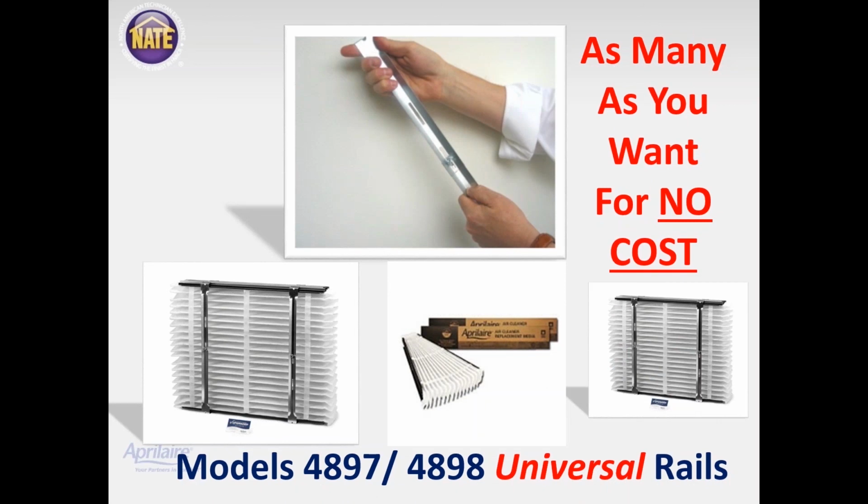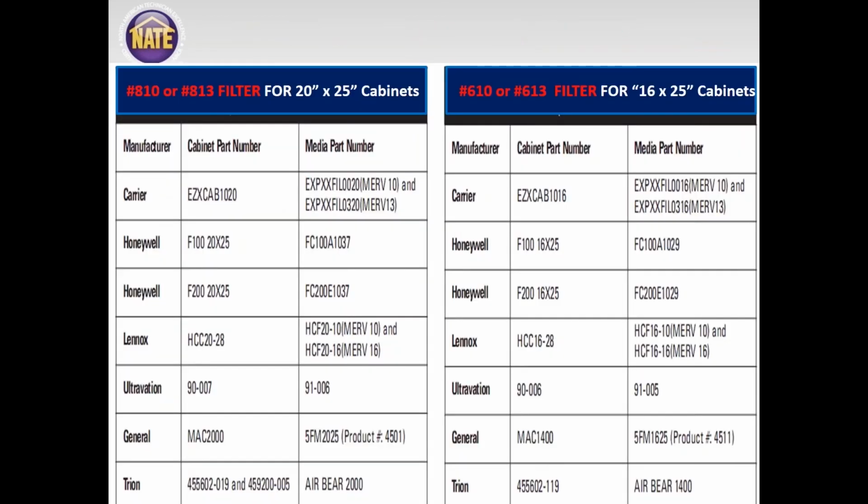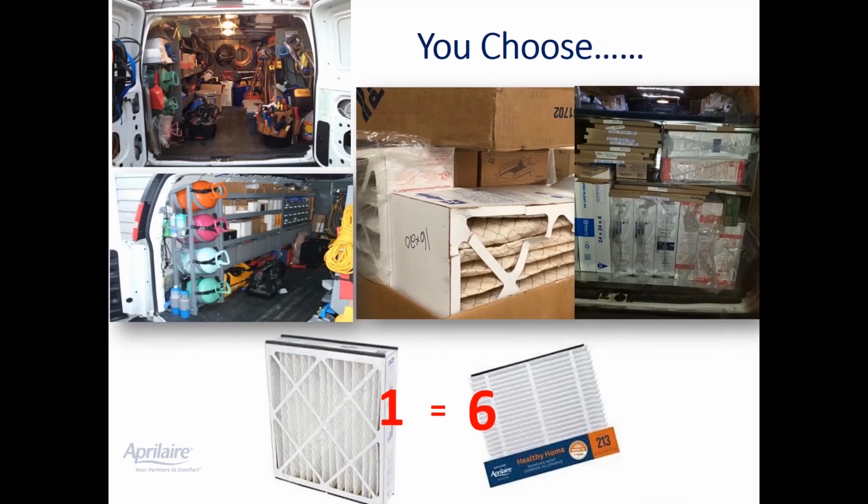These are universal competitive upgrade kits. You can see that they have an oval channel with a thumb screw so that you can make those minor adjustments, because everybody's 16 by 25 or 20 by 25 is just a little bit different. This allows you to get a good perimeter seal, a good fit with that filter in the existing competitive cabinet. And it'll fit all these competitive cabinets and competitive filters.